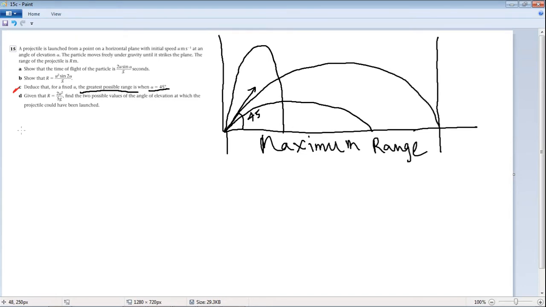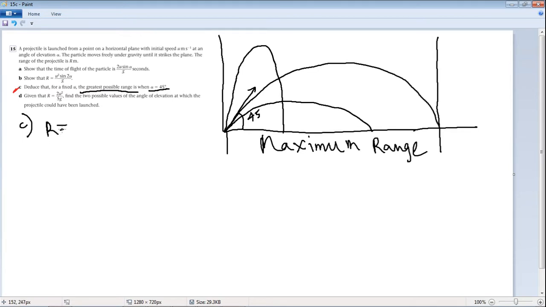Now let us prove it mathematically. Let us bring this equation over here and analyze it. So we are solving C.